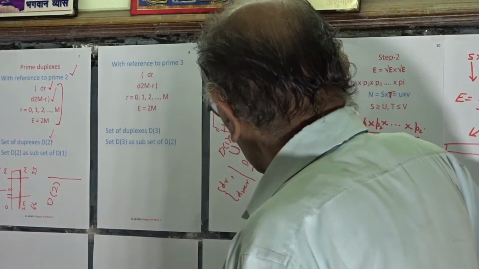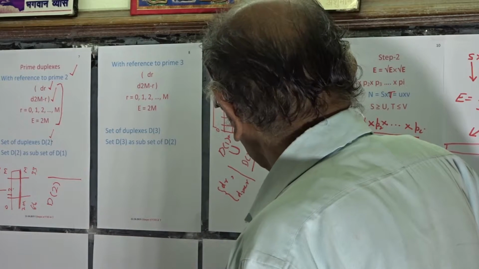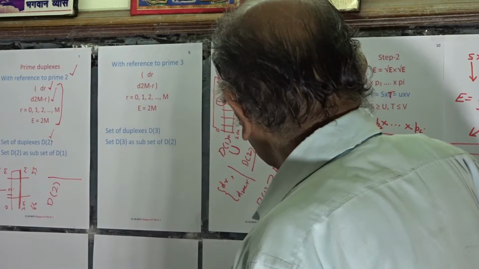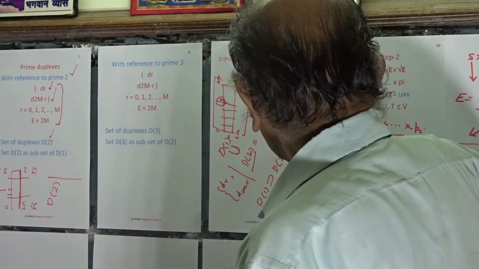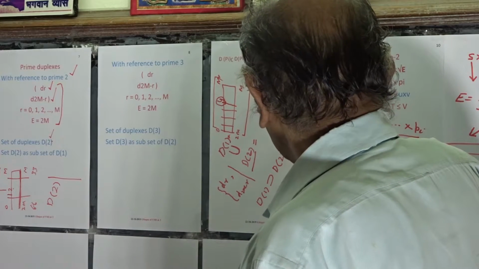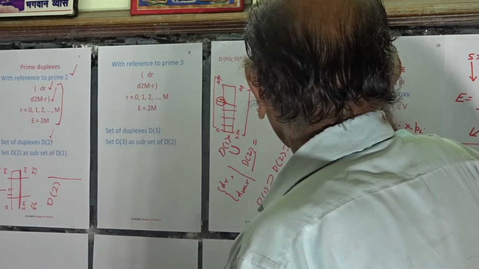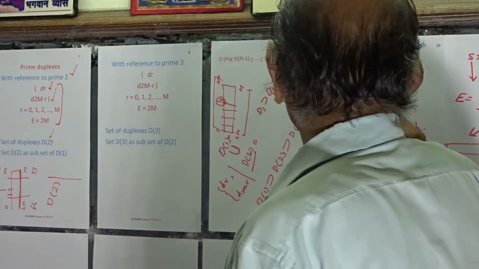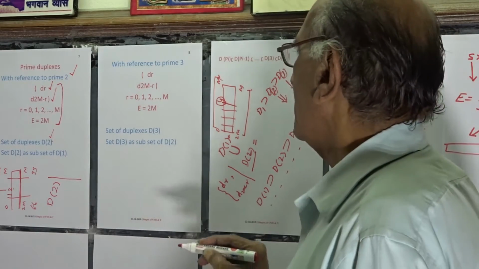Like that, we can reach a chain of subsets, and this chain of subsets can be extended up till dp, where p is the biggest prime factor of the square root of E range.